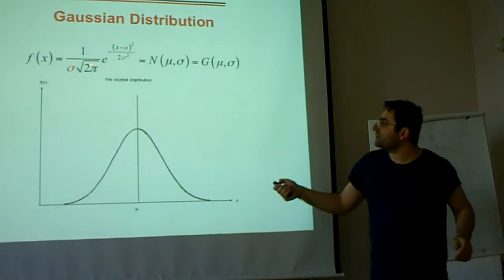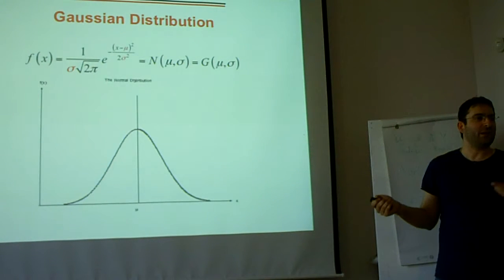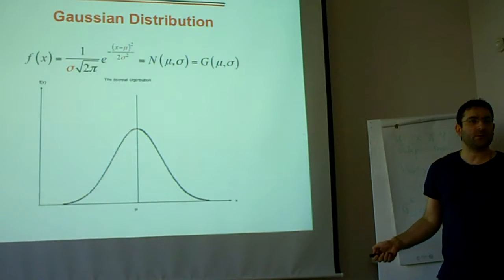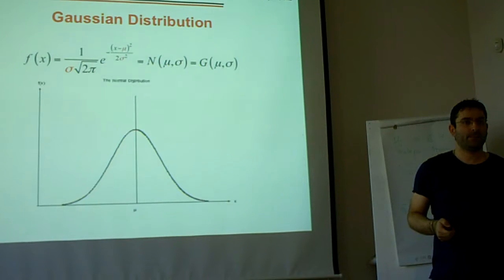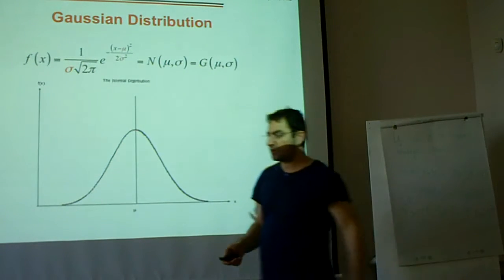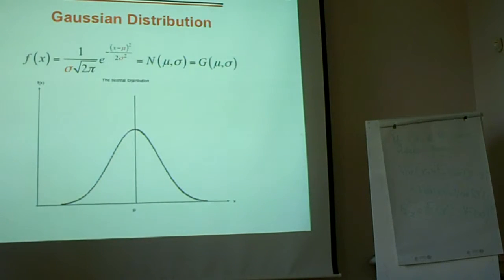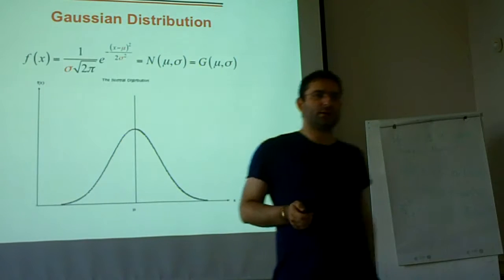The black terms are constant and the red ones are the ones which are variable. In other words, we can talk about the whole distribution by specifying what the mean is and what sigma is. So the whole distribution, which we know a lot about, can be specified by only two terms: its mean and its variance or standard deviation.